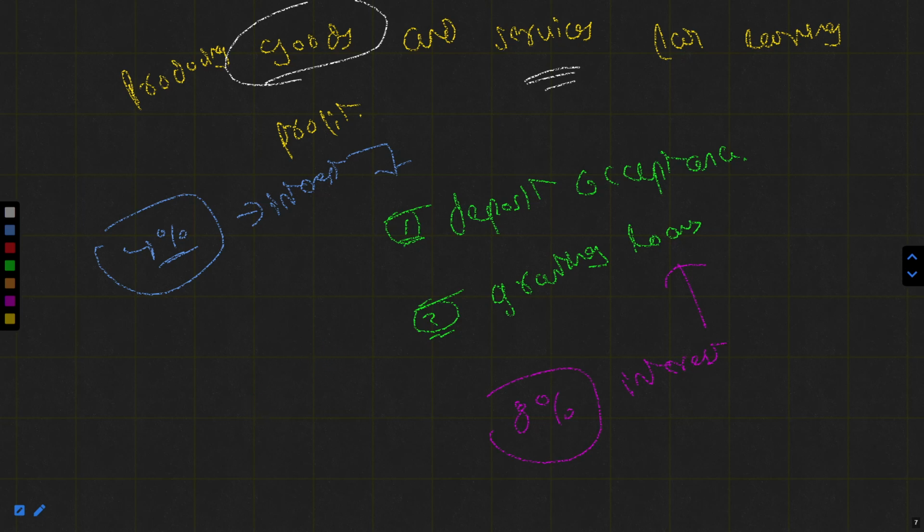So here the 4% is the additional amount, or we can call it profit. Now I think the justification for the commercialness of banks is clear to you.